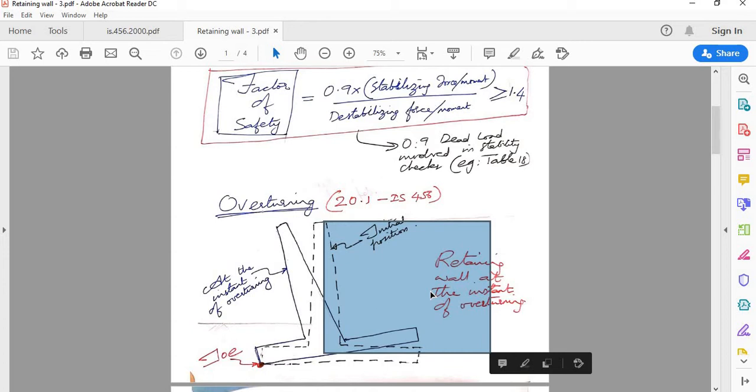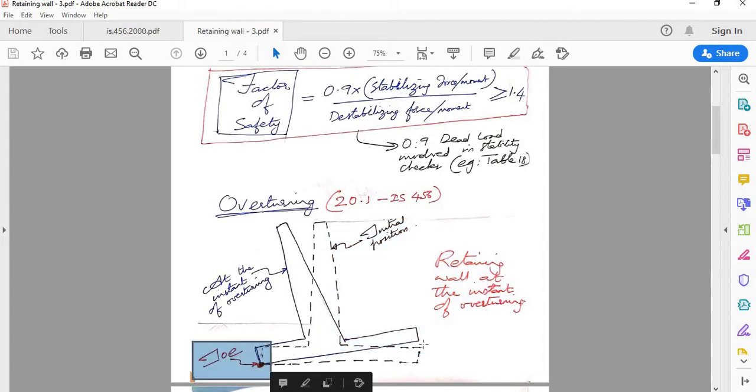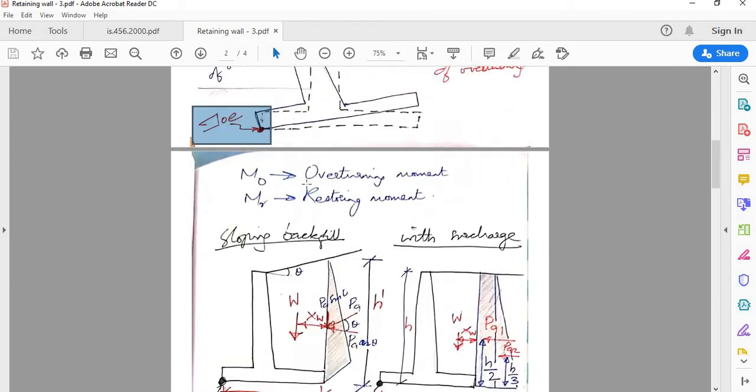That soil with its active earth pressure is trying to overturn the retaining wall about its toe. Remember, we discussed there is toe as well as there is heel. It will try to overturn the retaining wall with respect to the toe, and that's the point about which we have to check the overturning stability.